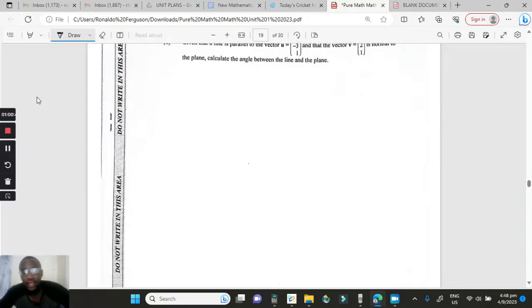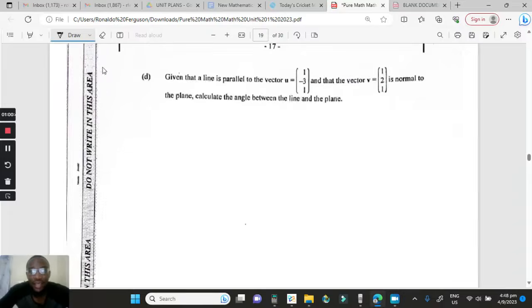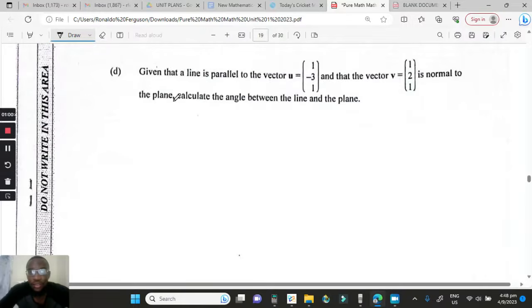Now, part D, it says, given that a line is parallel to vector u and vector v is normal to the plane, calculate the angle between the line and the plane. This question is looking nice. Let's read it again.